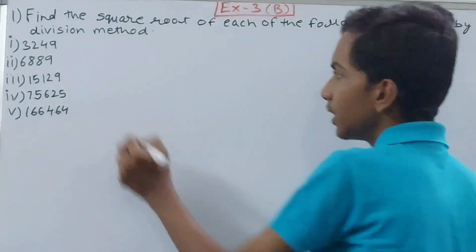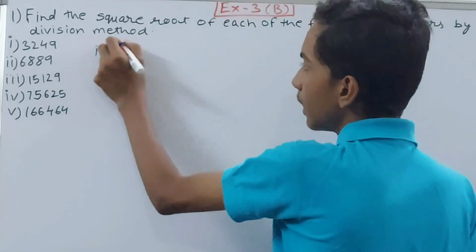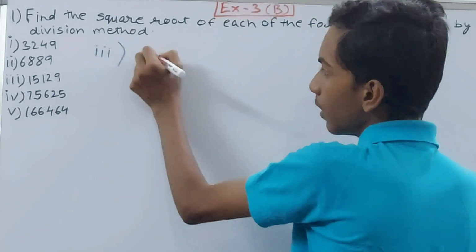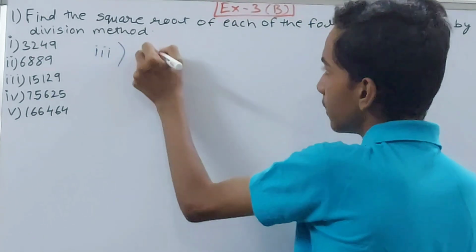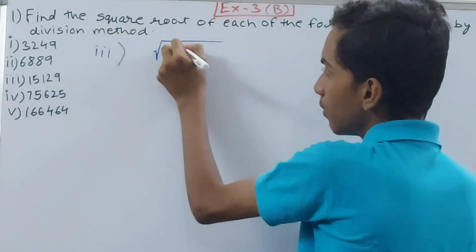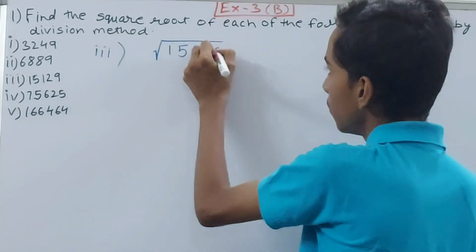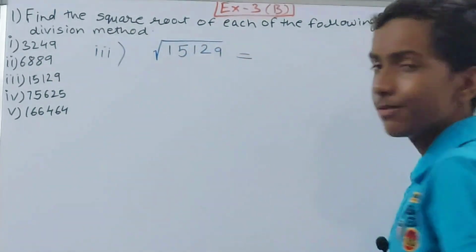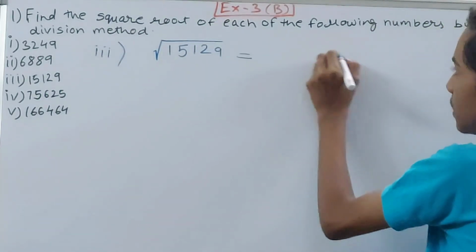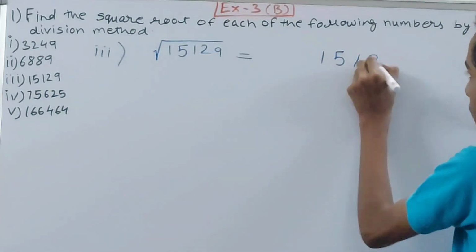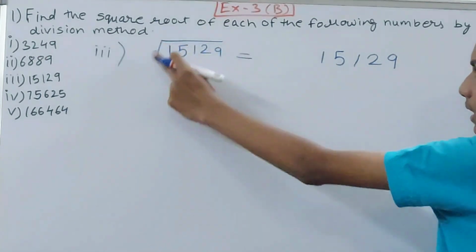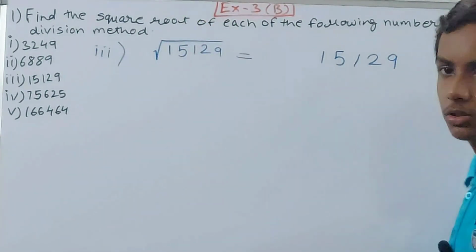Next one will be the third part, right? And we have 15129. So under root of 15129, this we have to find. Okay, let's find it out. This is the sign that we can put for the square root, right?